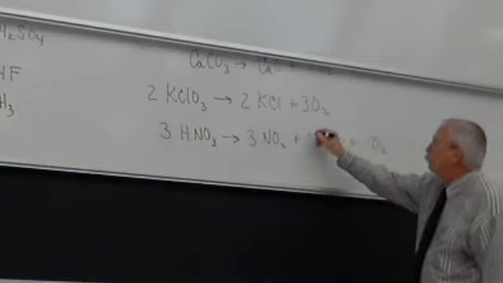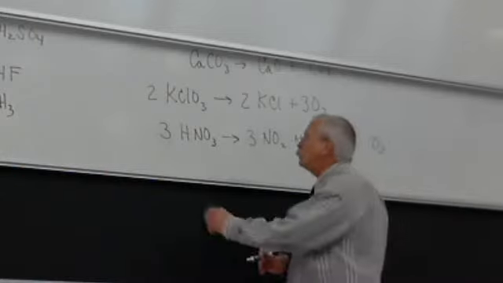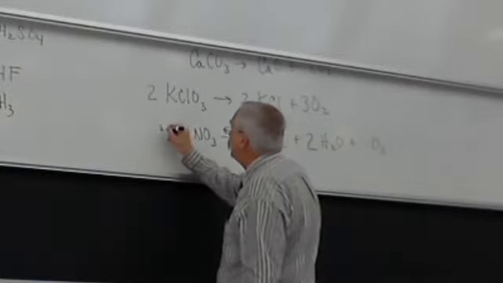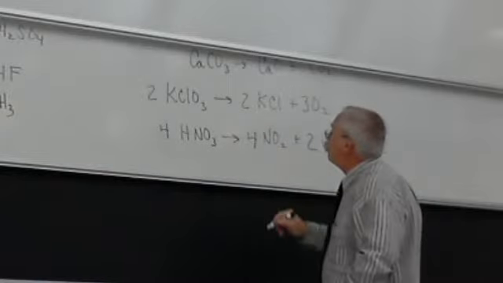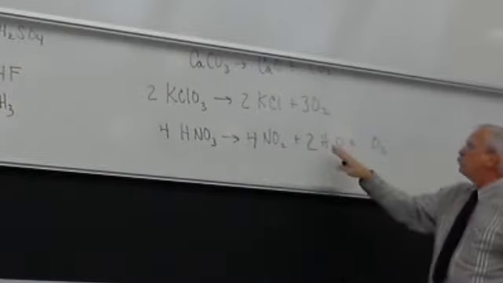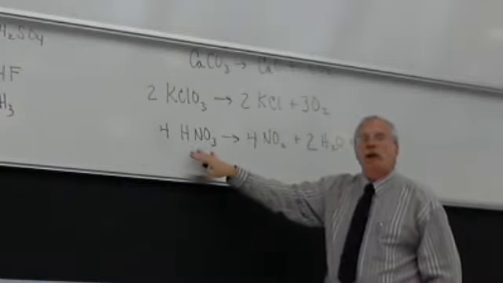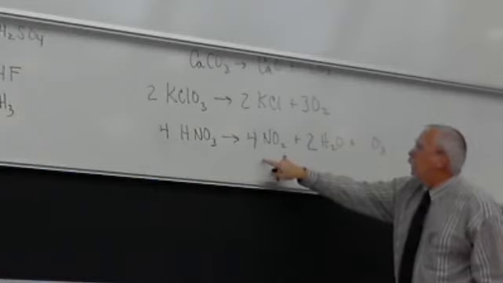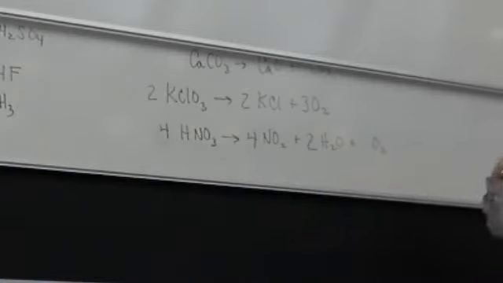So I'm going to have to increase the amount of hydrogens over here. By putting a 2 there, that's going to change this to a 4, and that's going to change this to a 4. So I've got 4 nitrogens, 4 nitrogens, 4 hydrogens, 4 hydrogens, 12 oxygens, 8, 2 is 10, 2 is 12. And we're there.